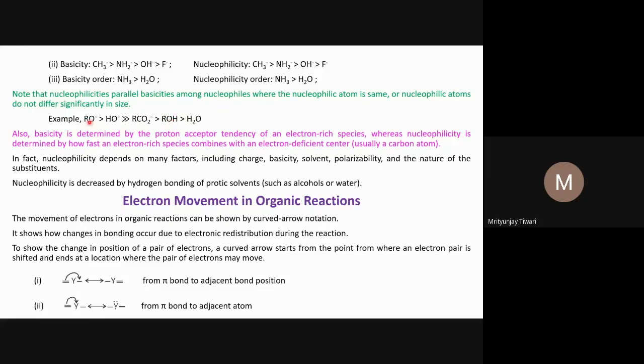This is because the nucleophilic center, the atom, is the same, oxygen atom in all these cases, and that is why the basicity order and nucleophilicity order follow the same trend, so they go parallel. In such examples, here also they go parallel because we do not see much difference in the size of the nucleophilic atom.